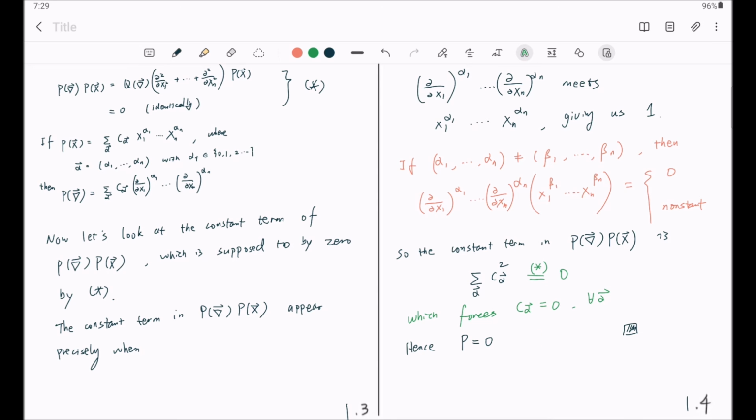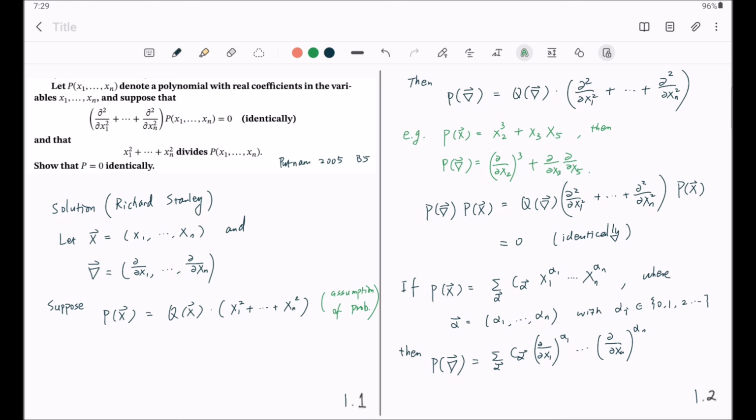But I would like to add a remark. What happens if instead of looking at a real polynomial, we look at a complex polynomial?